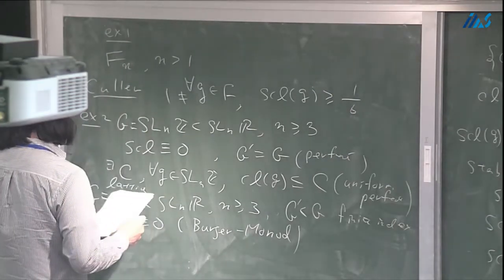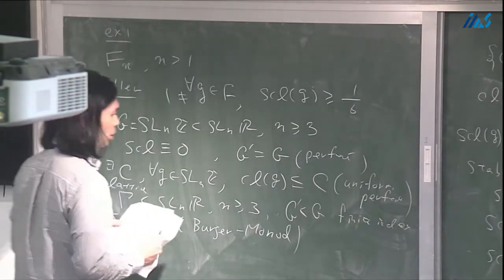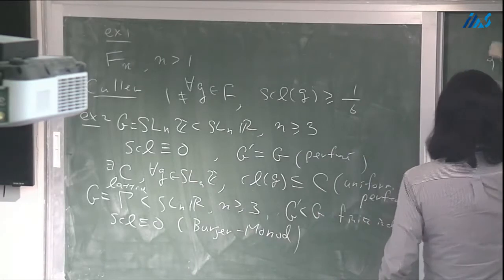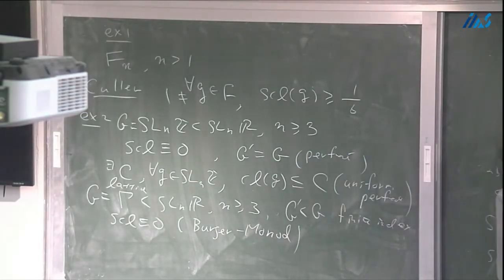Okay, so those two are the extreme examples, I would say. One is always positive, or uniformly positive, and the other one is constantly 0.